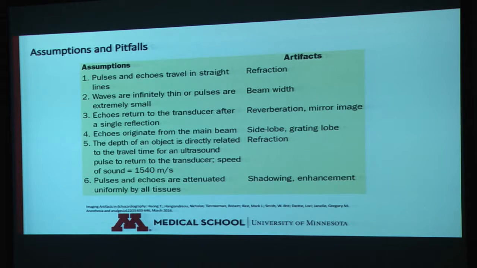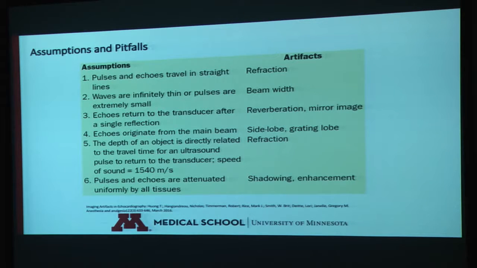Just to quickly go over it, it assumes that the echo images go once and are reflected back up before they get back to the transducer. It assumes that the waves are infinitely thin and the pulses are really small, pretty much assuming that the resolution is really good.